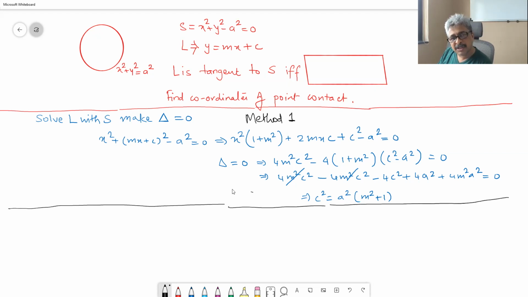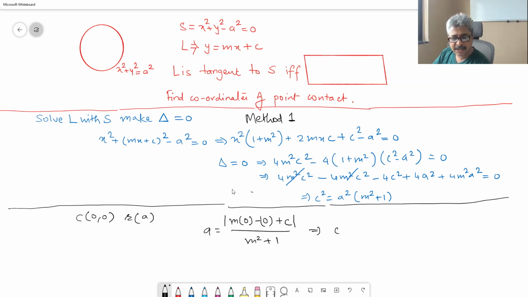Okay, what could be the second method of doing it? Distance. It is a circle with center origin, center 0, 0, radius a. So y is equal to mx plus c should have a distance from the center, absolute value of m into 0 minus 0 plus c, upon the square root of m square plus 1, equal to a.